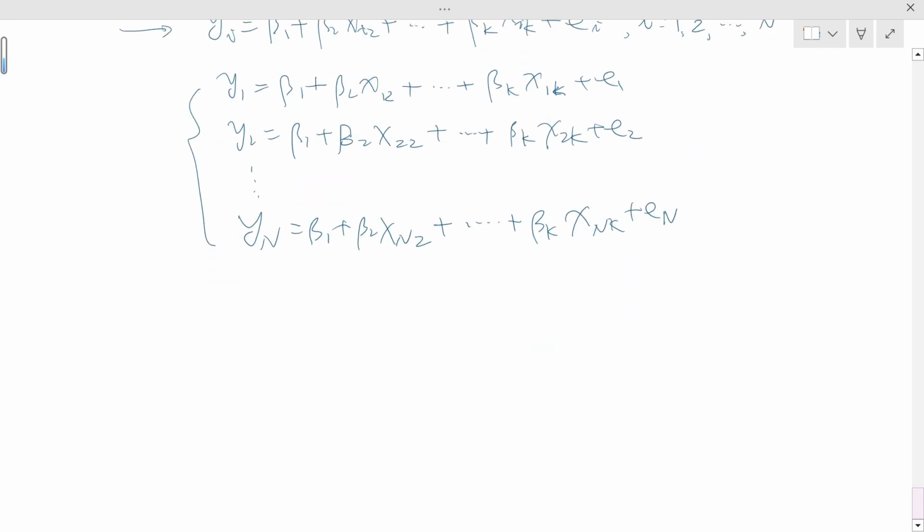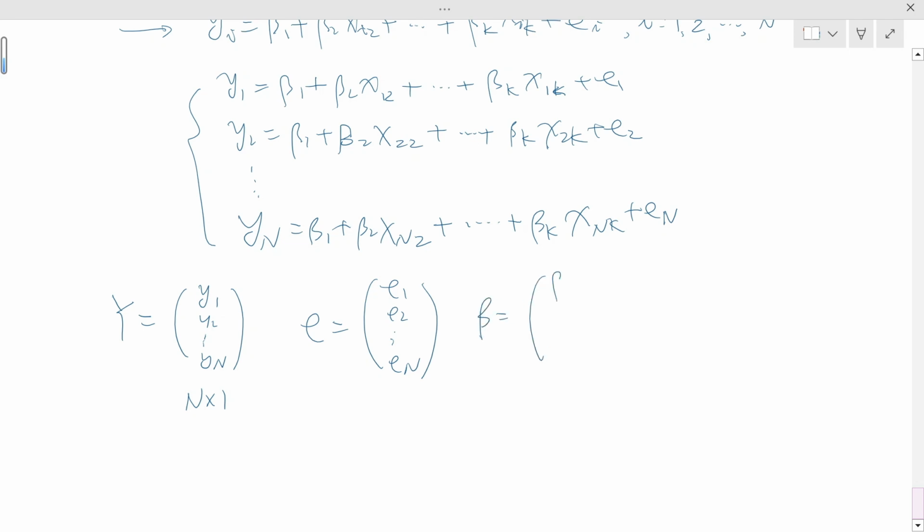Okay, let's define a vector y, stacking y1, y2, up to yn together. So it's an n by 1 vector. E is e1, e2, up to en, also n by 1.